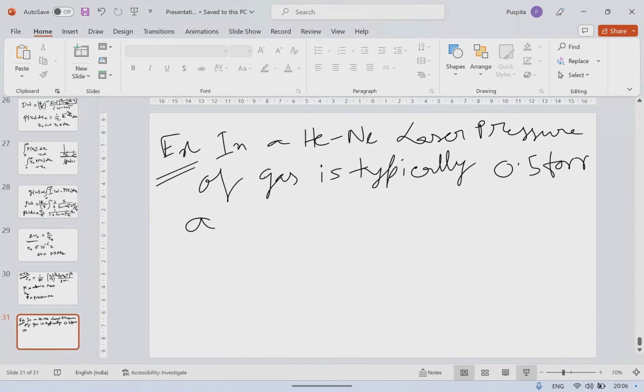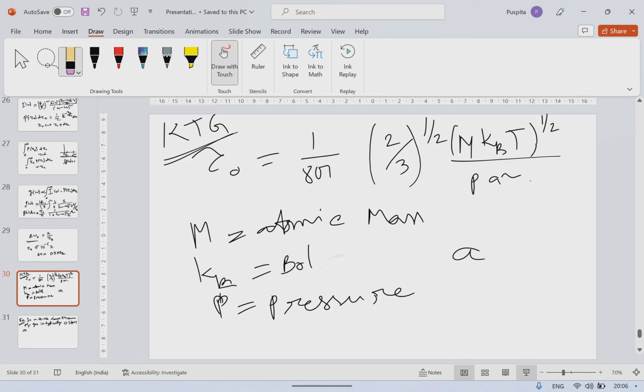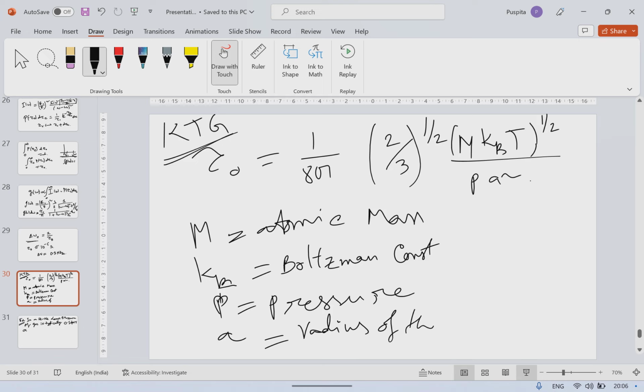If we assume a, okay, here I have the Boltzmann constant. We forgot to mention what a is. a is the radius, or diameter. Okay, let me check. Yeah, radius of the atom.